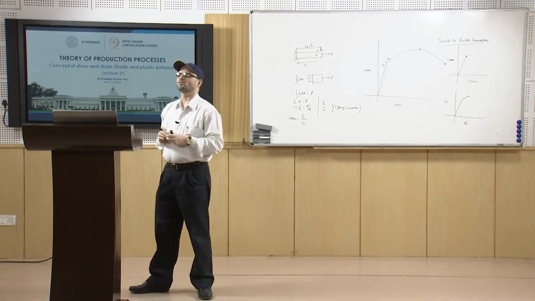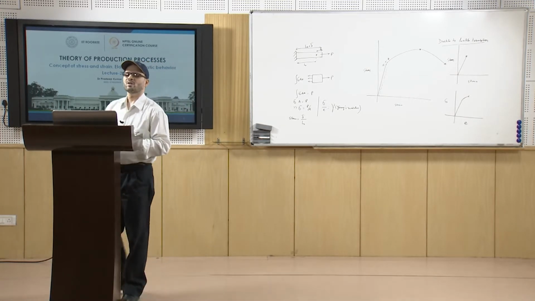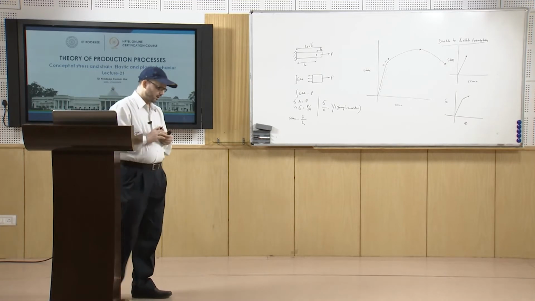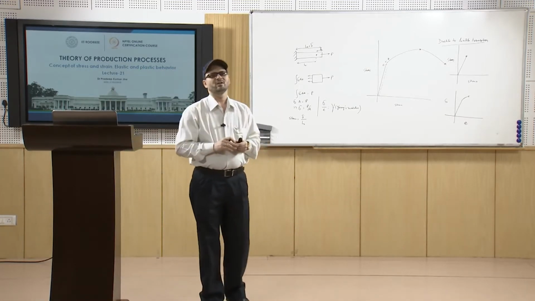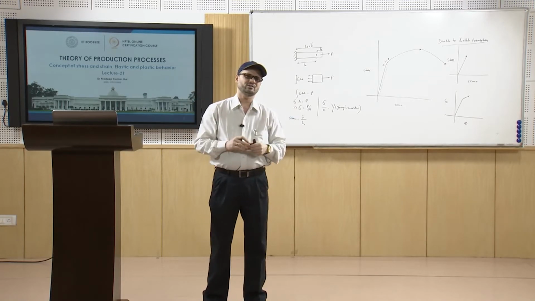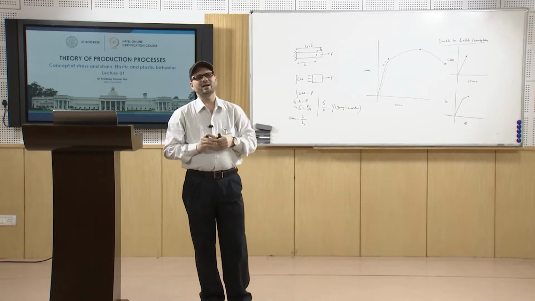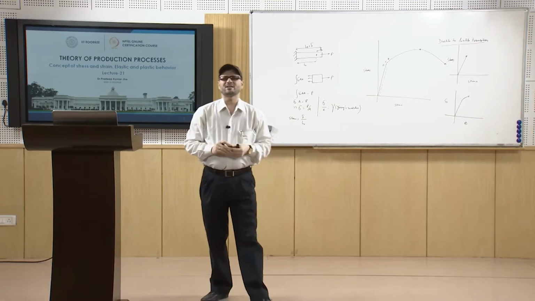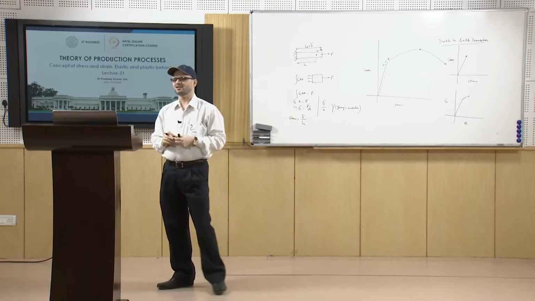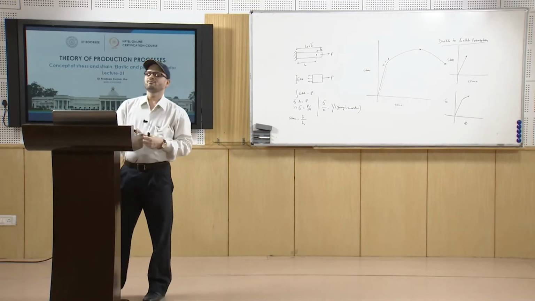Now, if you look at excessive elastic deformation, you can take the example of certain bars, or you may have forces in such a manner that because of the excessive elastic deformation it has failed.